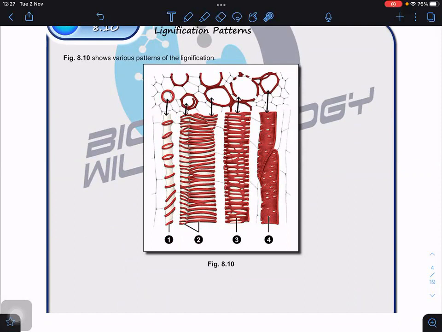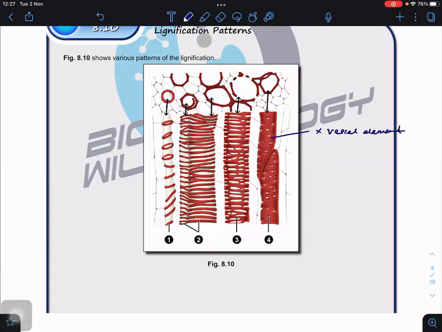And then this one is something like a ladder, so this form is called reticulate. And you can see they have the pits there, so this one is termed the pitted form of lignification. But this one, guys, be careful, this one is not a vessel element.